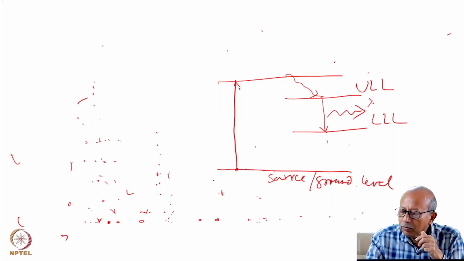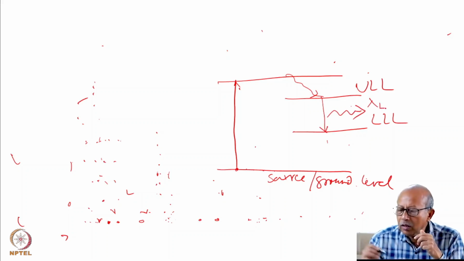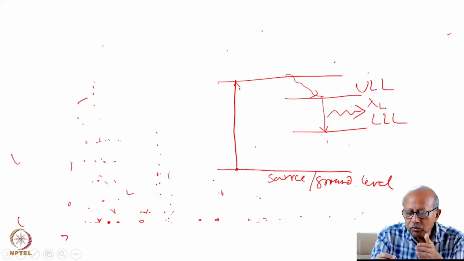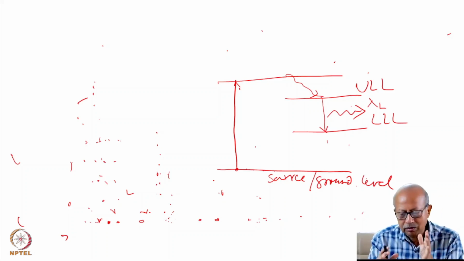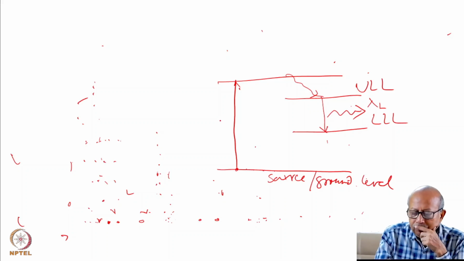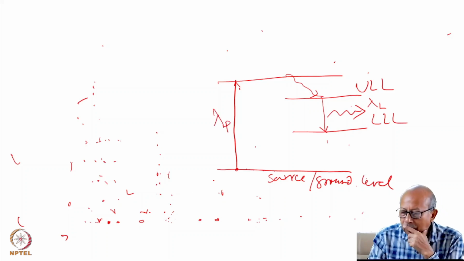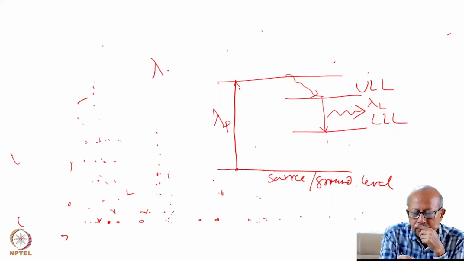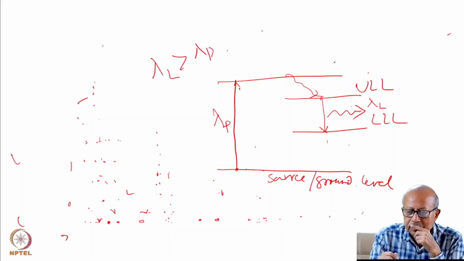Suppose the lasing transition is at wavelength lambda L, and suppose we optically pump it. The pump photon has a wavelength lambda p. Of course, lambda L will be more than lambda p, because this energy is less than this.